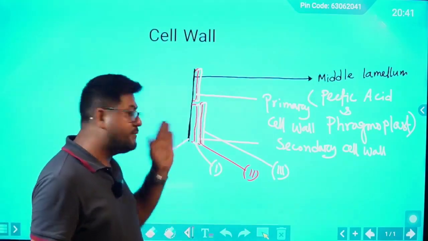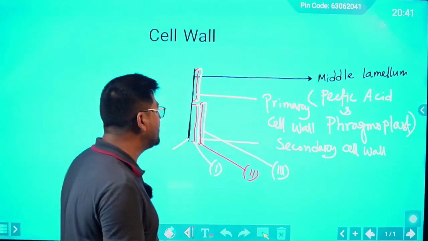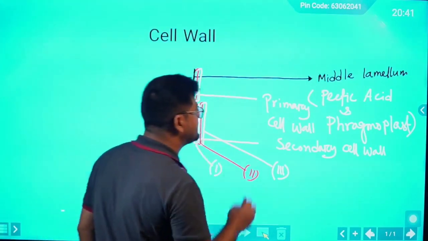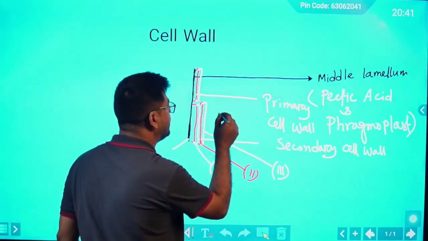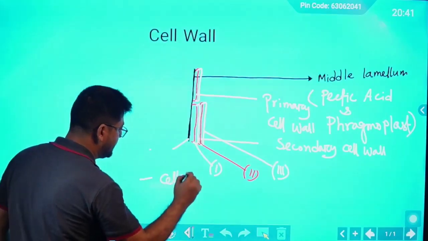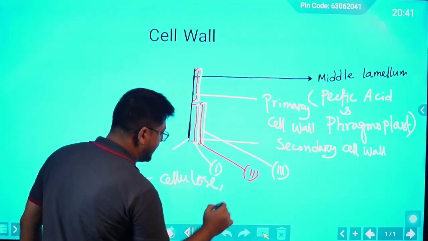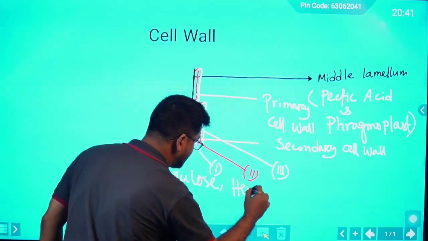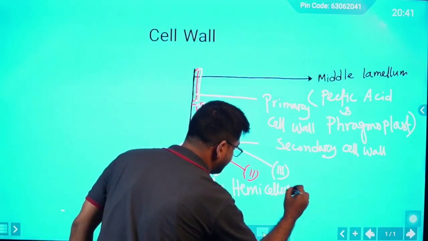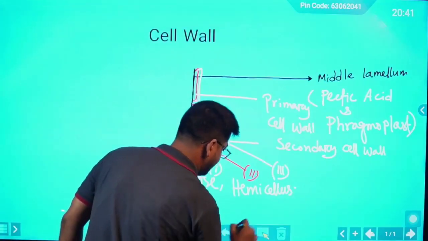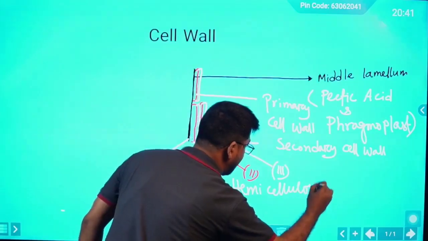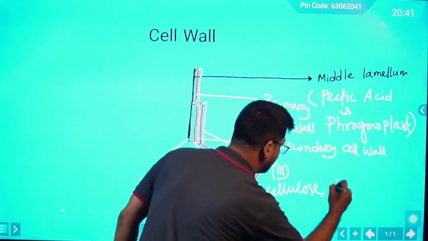But when it develops the primary layer over the middle lamella, the primary cell wall contains some kinds of chemicals. One of them is cellulose, another one is hemicellulose, and the last one is glycoprotein.